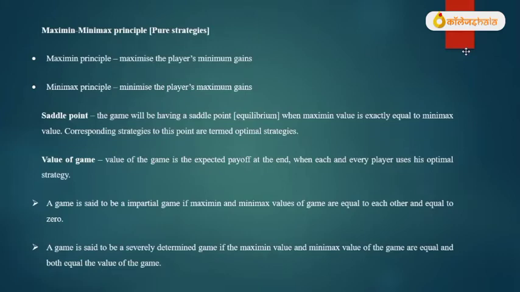Now what is the value of the game? See, the value of the game is the expected payoff at the end. That means when each and every player uses his optimal strategy, we can reach the value of the game. Now there are two things you have to keep in mind. A game is said to be a fair game when the maximin and minimax values are equal to each other and both are equal to 0.